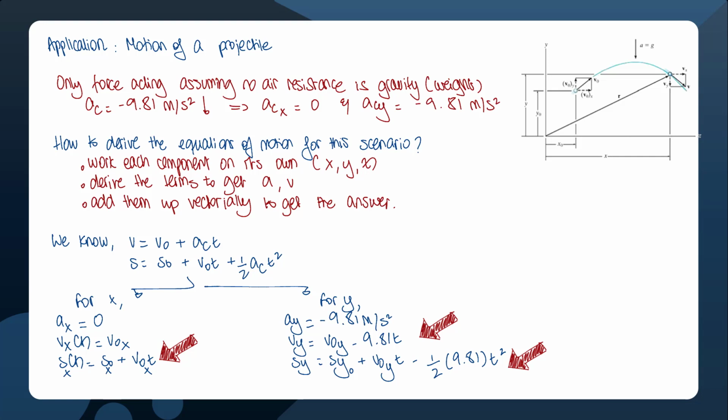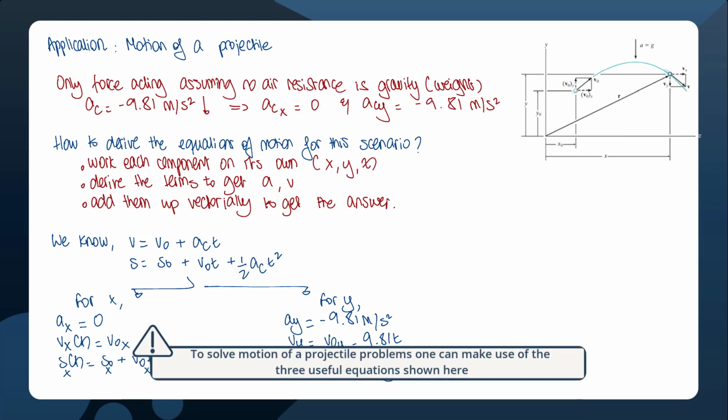So these three equations are the independent equations one can use to solve a problem involving the motion of a projectile. So one can say that any problem related to the motion of a projectile has to deal with three or fewer unknowns, because you only have three independent equations to solve. Now you'll understand why I've talked about that when we start solving problems related to the motion of a projectile.